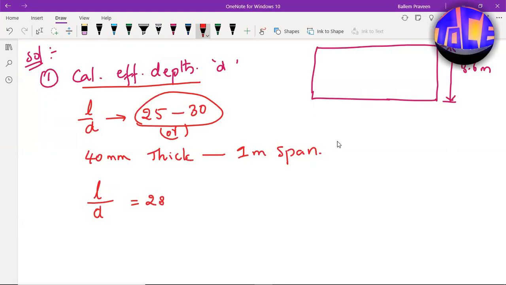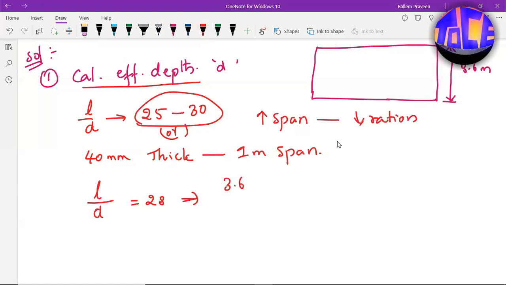So the more the span, the less will be the ratio; the lesser the span, the more ratio you consider. That's the reason I'm considering 28, because my span is only 3.6 meters, so 28 is enough.